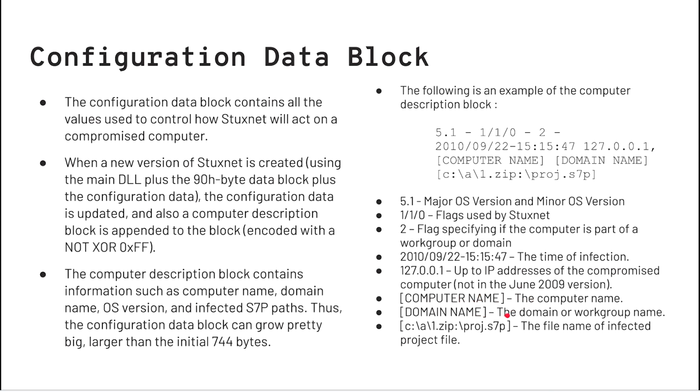It would also include the computer name, domain name, and the file name in case of the Siemens software being installed on the computer. It would also include the file name of an infected project file, so the attackers would know exactly the file name that was infected. So essentially, this configuration data block was housekeeping for Stuxnet.